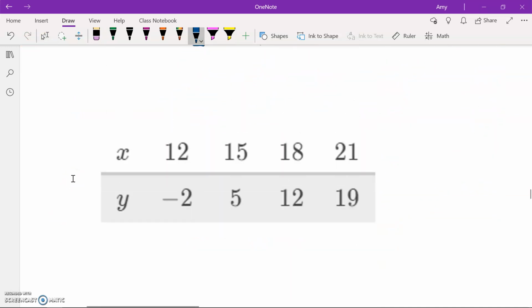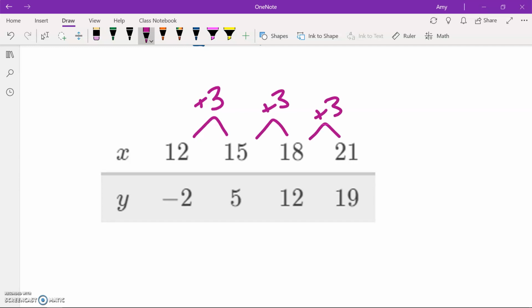So in this example, remember that we always start by checking that our x's are changing by the same amount every time. So in this case, we have plus 3, and plus 3. So our x's are changing the same amount every time. So let's go compare our y values. Well, I could do negative 2 to 5.